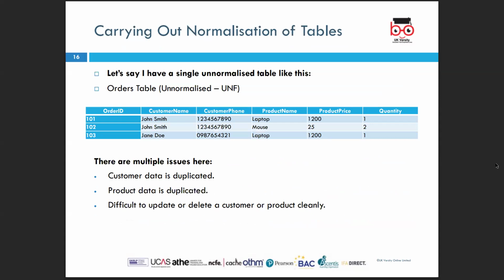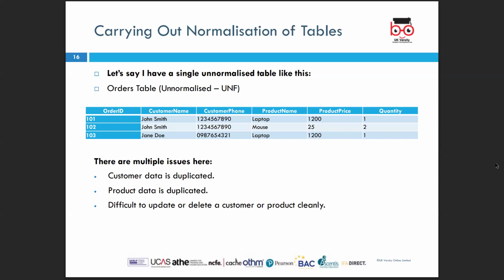Here is an example of how we can carry out normalization on tables. We have a single table with all our columns: order ID, customer name, customer phone number, product name, product price, and quantity.